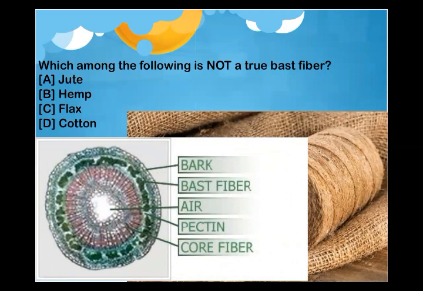It doesn't have a stem structure anatomically. Jute, hemp, and flax come out from the plant stem, but cotton is a product of the fruit. So the fruit doesn't have the bast fiber. Anatomically, you could see the bast fiber in the cross section of the stem of the jute plant. So bast fiber is absent in cotton.